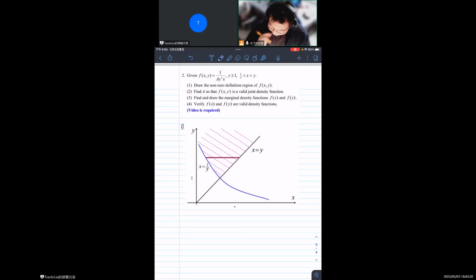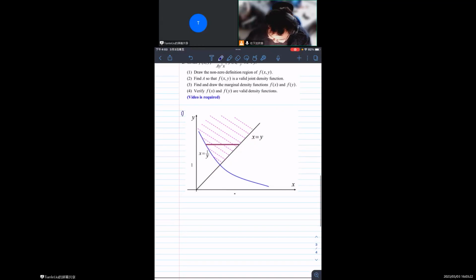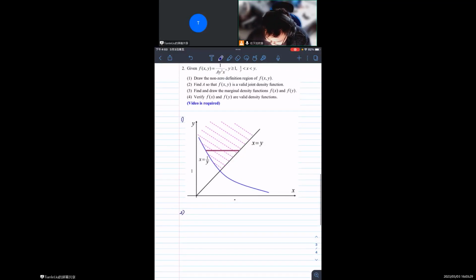Thus we can get this graph, and we can use it in the next several problems.